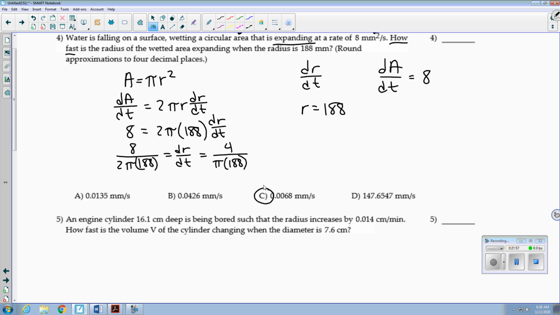And 188 is divisible by 4, so we can go even further and say 1 over pi, that goes in 188, 47 times. So 1 over 47 pi. And again, it's the rate of change of the radius, so we want a linear measurement. So C makes sense.